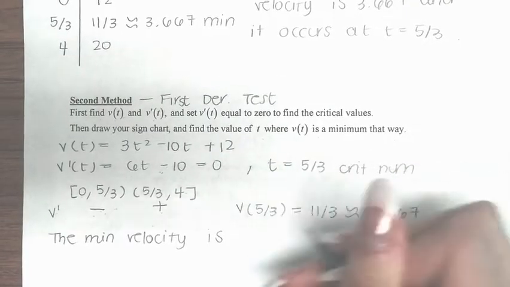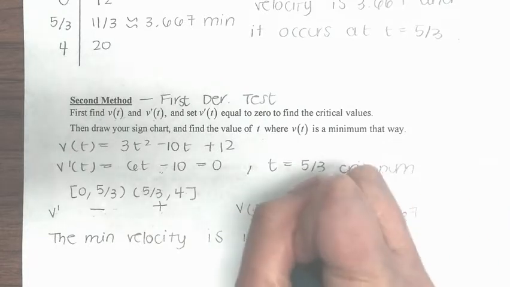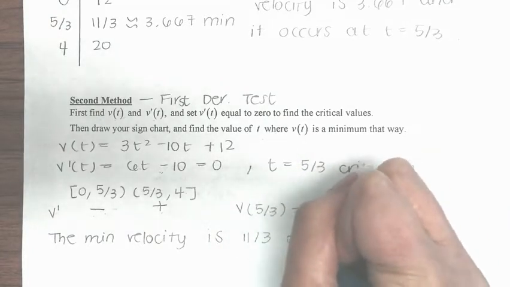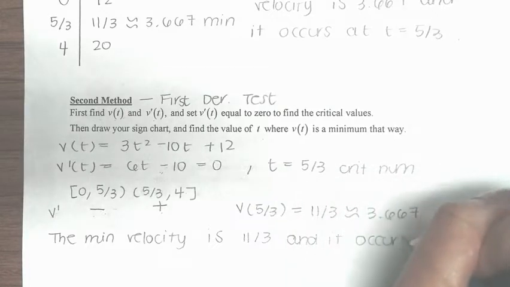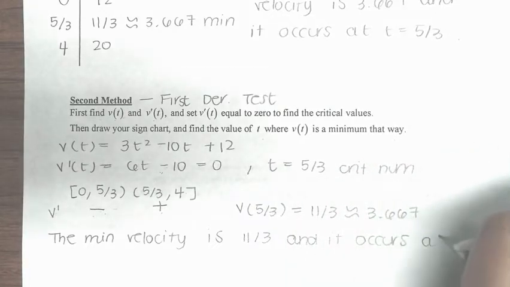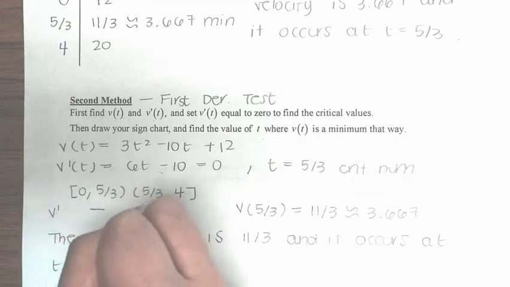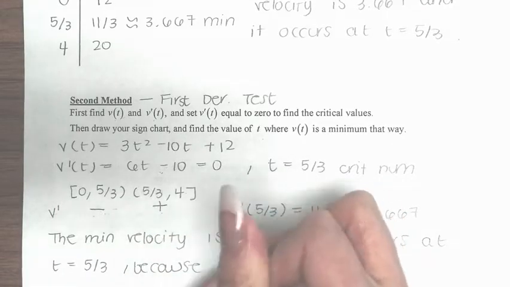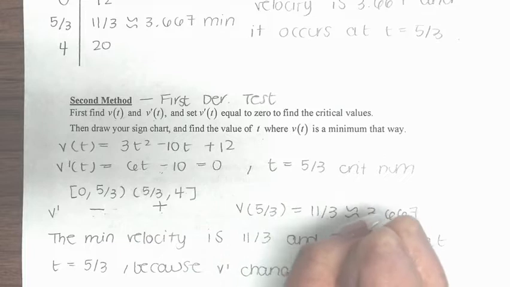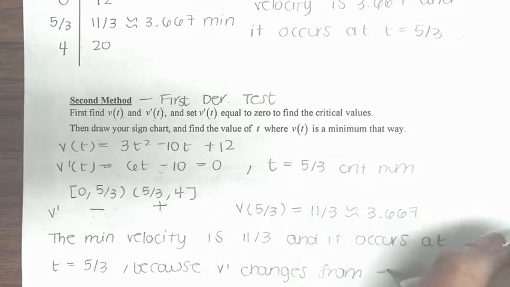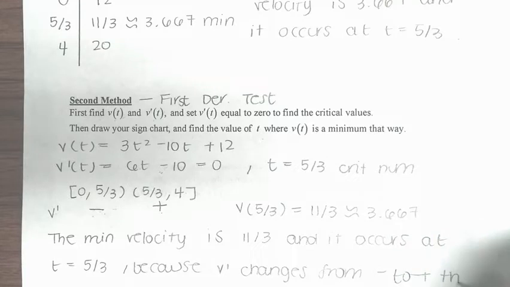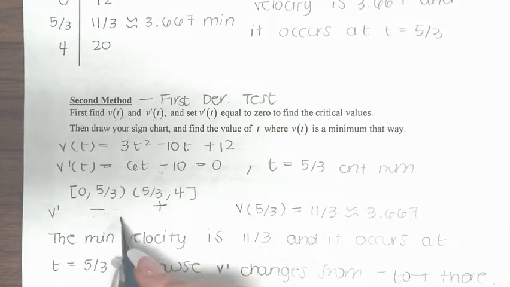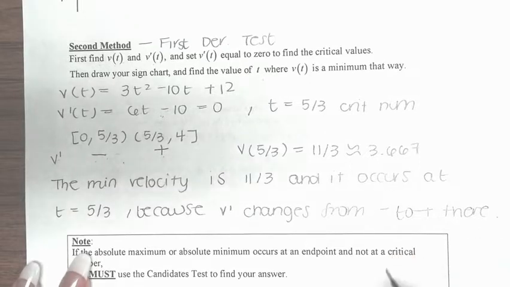Okay, so it's 11/3, and it occurs at t equals 5/3, and we know that this is happening because b prime changes from negative to positive there. So here you are justifying why it's a minimum. You can see here my justification of why this 5/3 gives you the relative minimum.